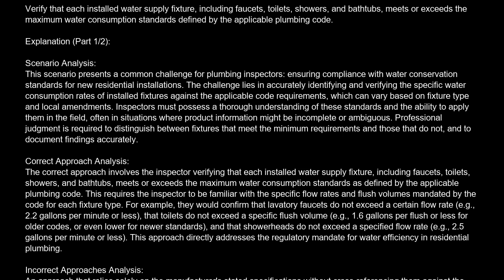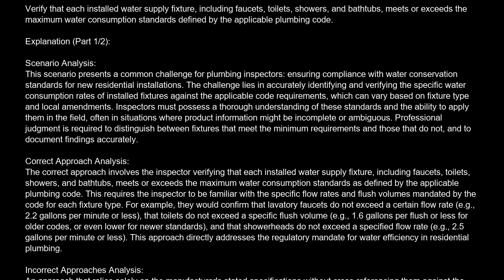Correct approach analysis. The correct approach involves the inspector verifying that each installed water supply fixture, including faucets, toilets, showers, and bathtubs, meets or exceeds the maximum water consumption standards as defined by the applicable plumbing code. This requires the inspector to be familiar with the specific flow rates and flush volumes mandated by the code for each fixture type.